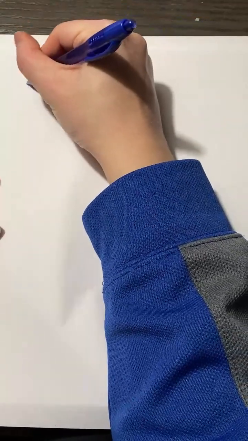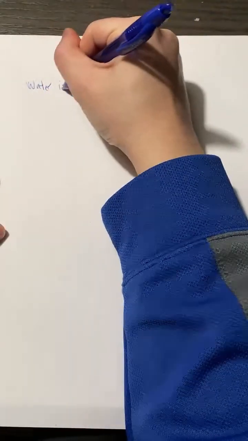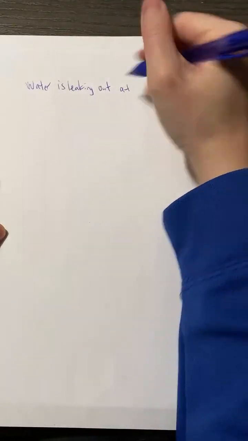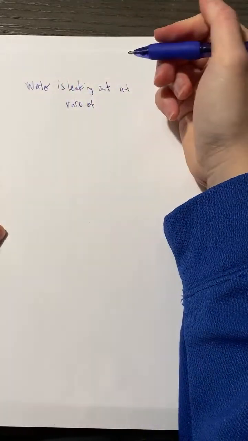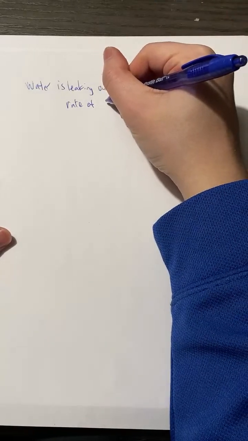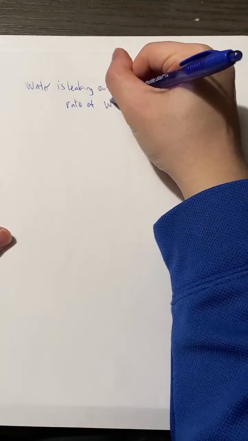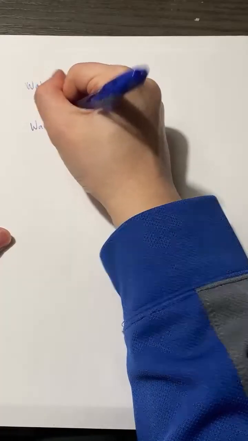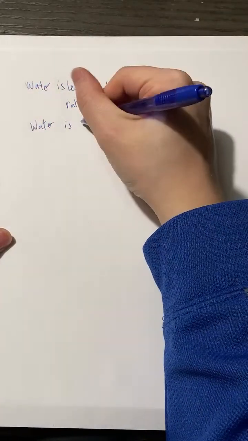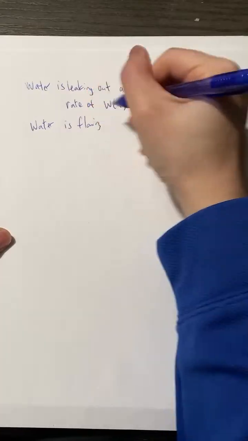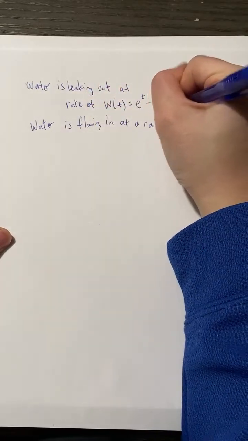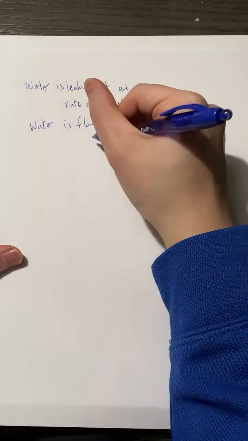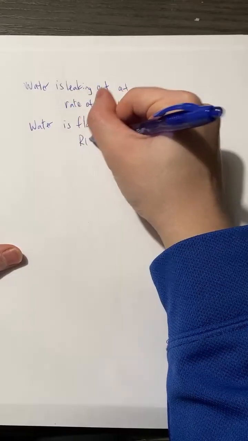So water is leaking out of our tank at a rate of, let's say, we need a letter, we'll use W, e to the t minus 1, and then water is flowing in at a rate of, let's say, R of t.